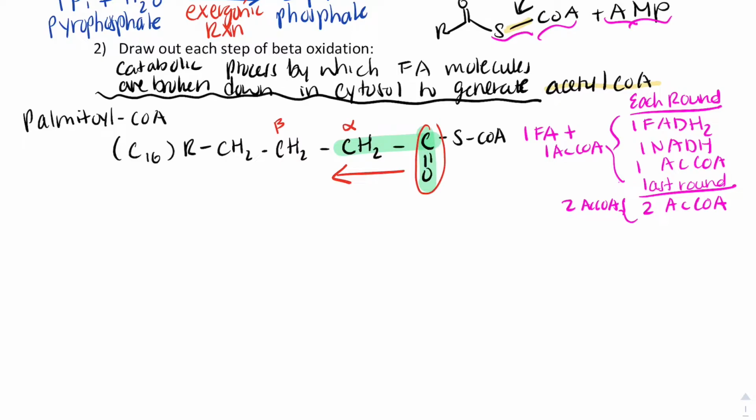So the first step in beta oxidation is acyl-CoA dehydrogenase. Because you have the acyl group, they're usually always named after their precursor. I emphasize this a lot in my sessions, but anytime you have a dehydrogenase enzyme, you have a redox reaction.